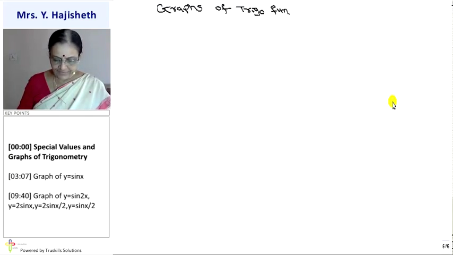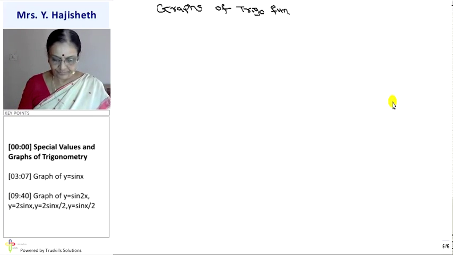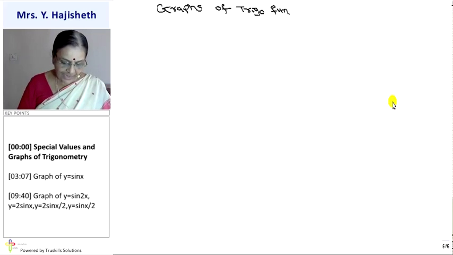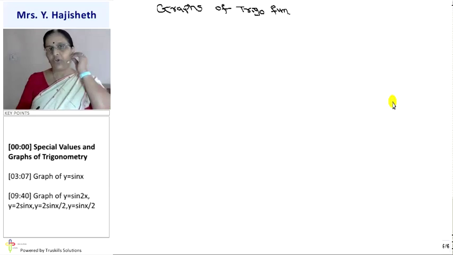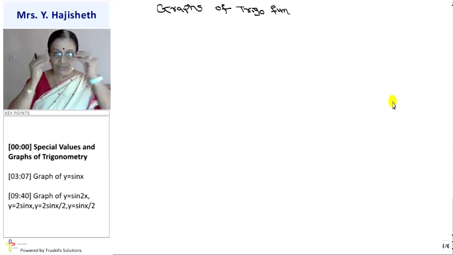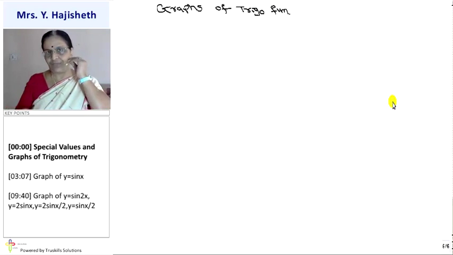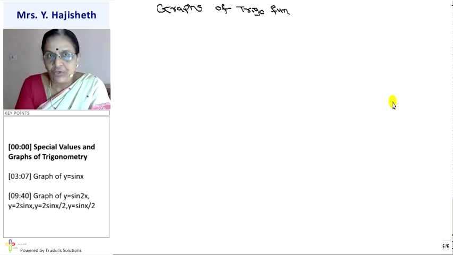Graph of sin x, graph of cos x, graph of tan x, right? 3 graphs are in your syllabus. Graph of y = sin x, y = cos x, y = tan x. Not only that, you must know what change occurs in the graph when I change the angle, coefficient of angle or coefficient of function.